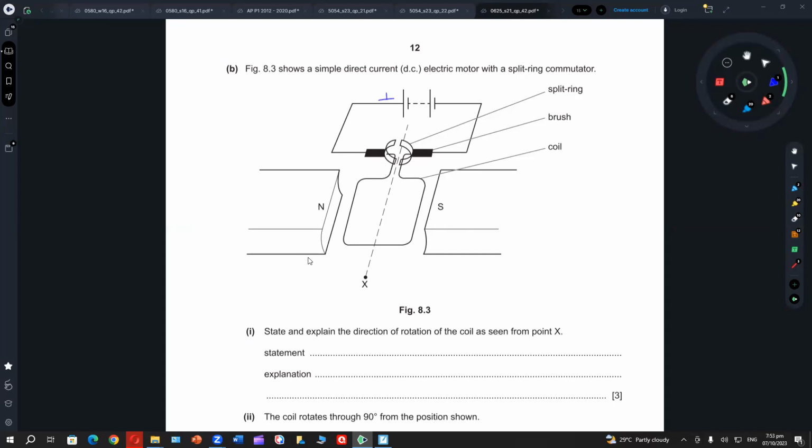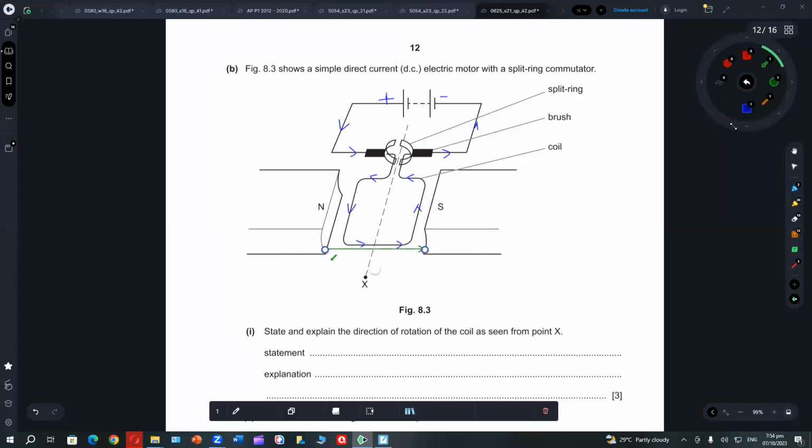Let me mark the positive and negative here, and let me mark the direction of current. Current always flows from positive to negative. Magnetic field is always north to south.